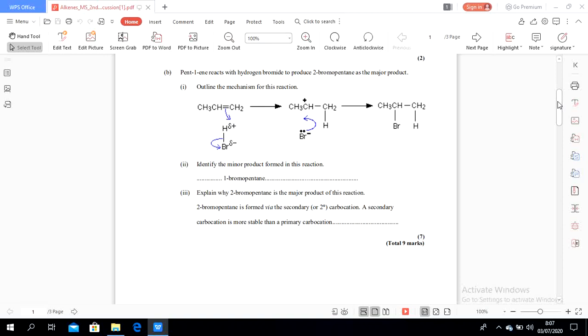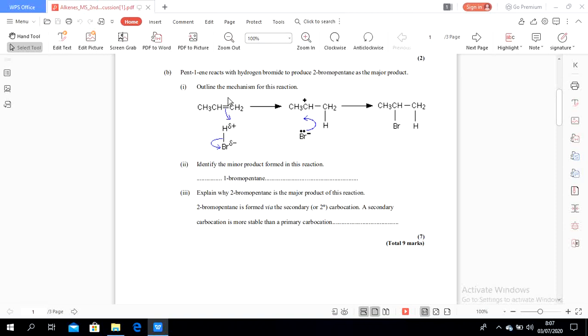We learned that in Markovnikov's rule, the hydrogen atom of the hydrogen halide will attach to the carbon that already has the most number of hydrogen atoms. Let's see in the structure here.